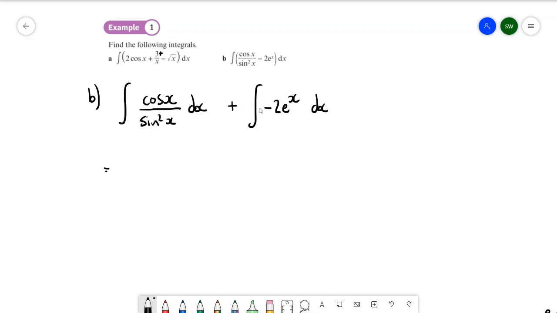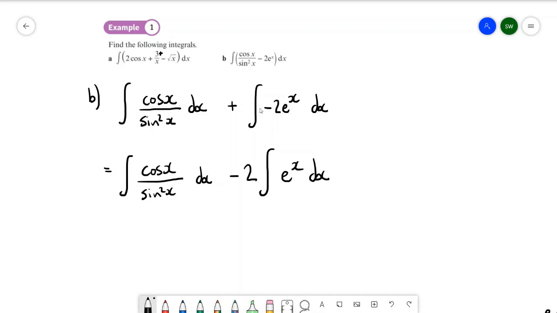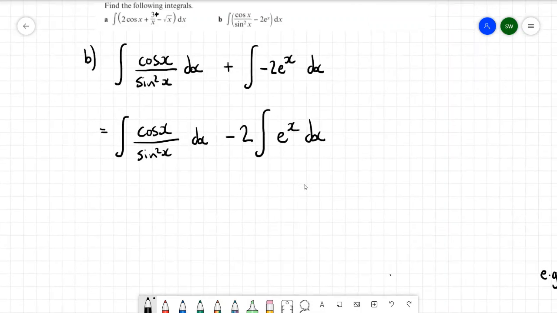You wouldn't necessarily need to write this step, and you could just jump straight to the integral of cos x over sine squared x, and we can take out the minus 2 as a factor outside the integral, so we could write that as minus 2 integral of e to the x dx. You could just jump straight to that step from the question.